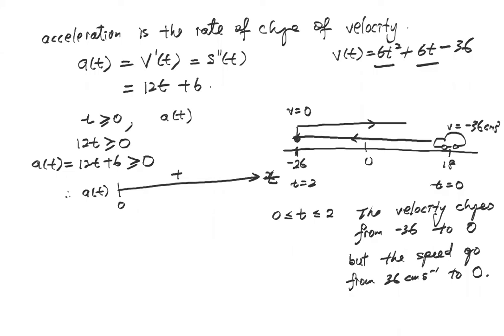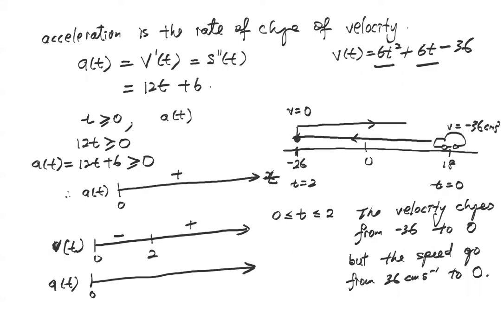So now, if I want to know the changes of the speed, I must have both the velocity sign diagram and the acceleration sign diagram drawn on top of each other. So this is a way to determine changes of speed.